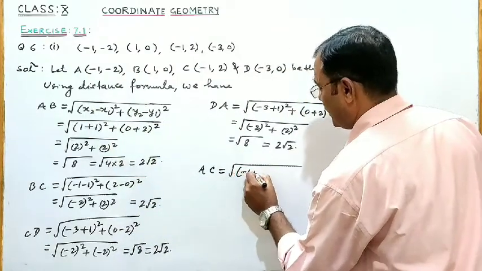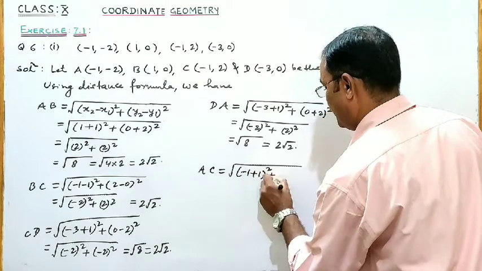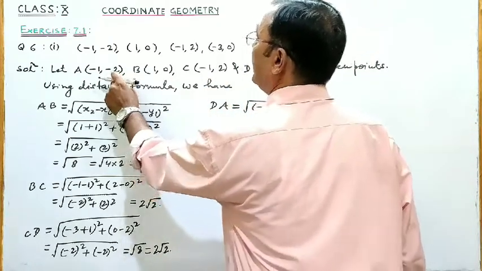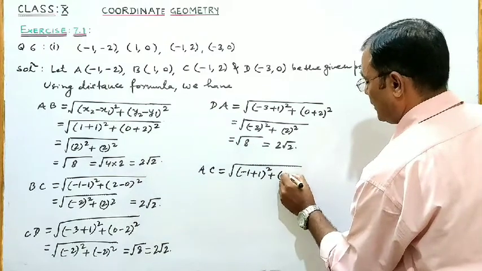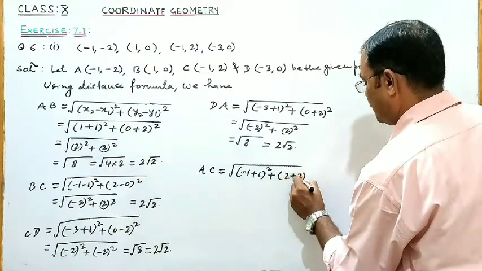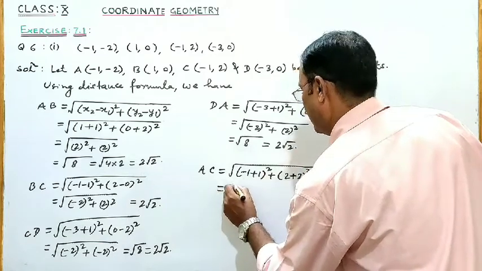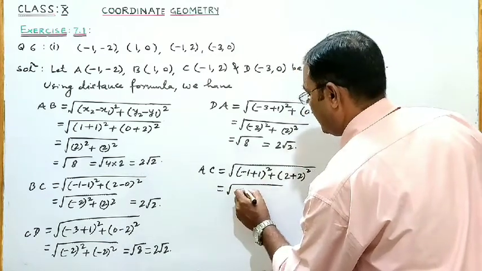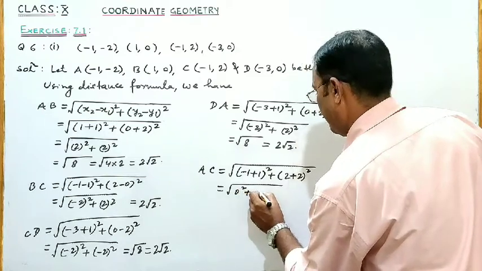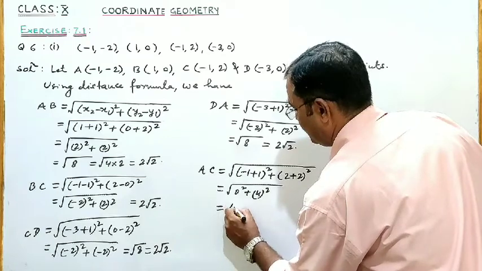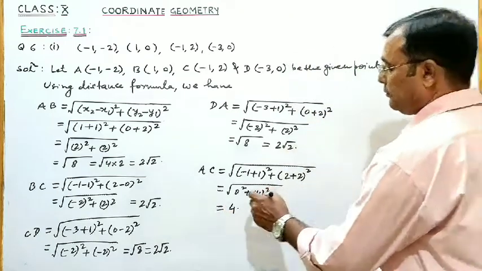So minus 1 plus 1 whole square plus 2 minus minus 2, 2 plus 2 whole square. This is under root 0 square plus 4 square, so 4 unit.